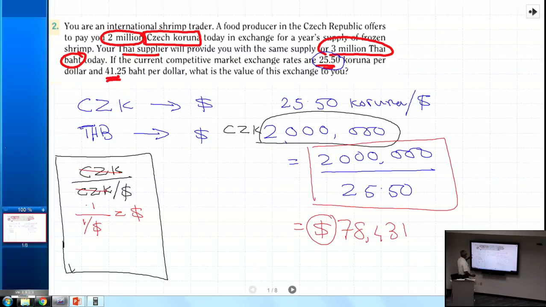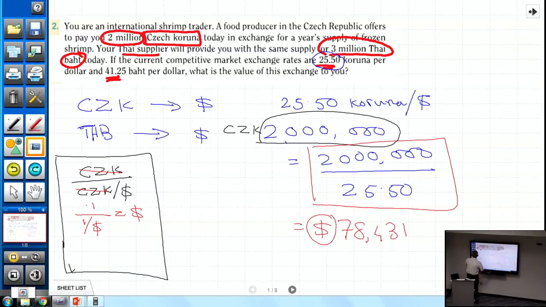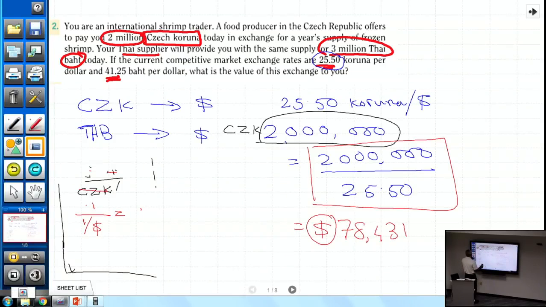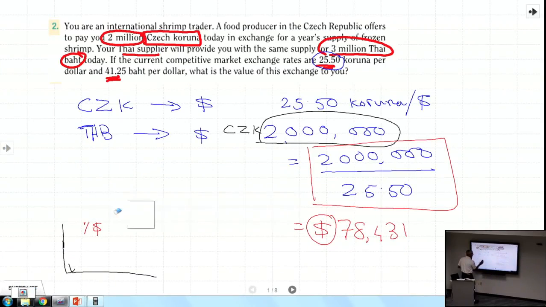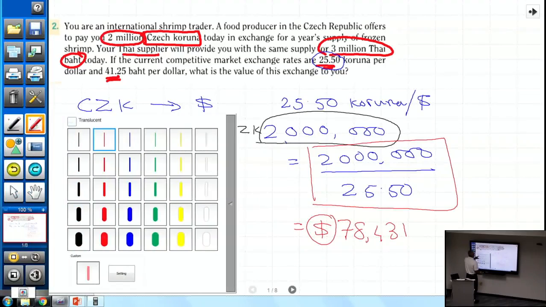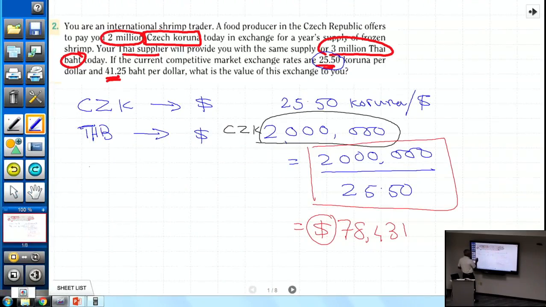I have to do the same thing for the other currency, which is the Thai baht.